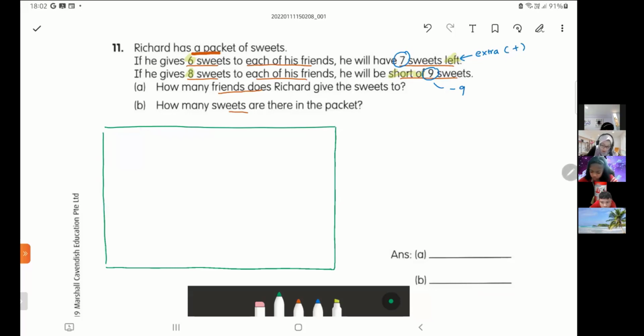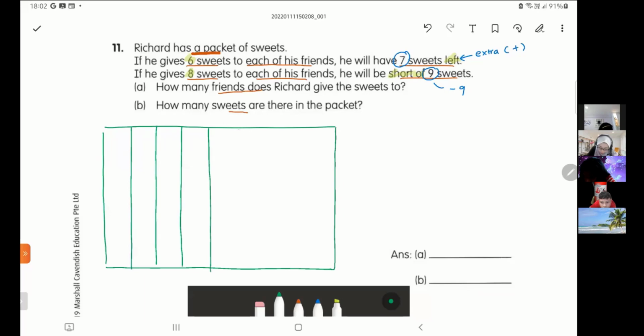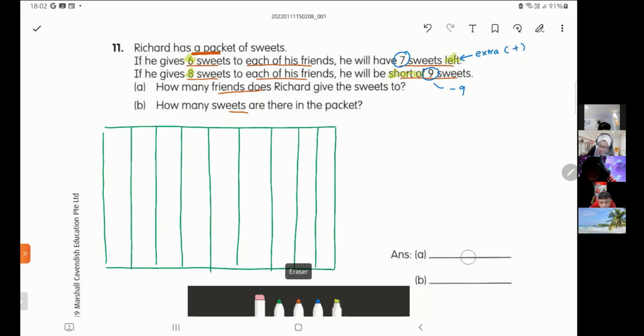So 1, 2, 3, 4, 5, 6, 7, 8, 9. You got space or not? No space, then you can make the last one bigger.